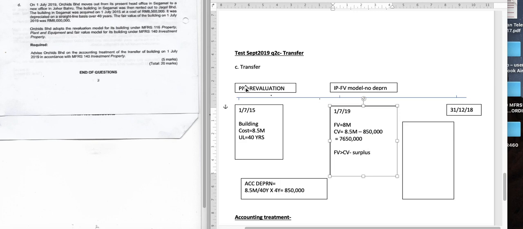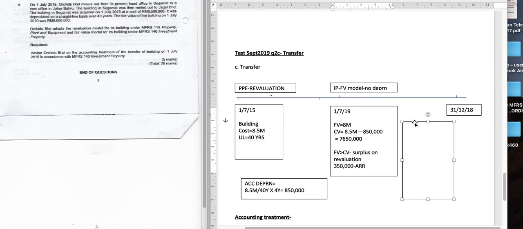Because previously it was PPE. So when you compare, it should be surplus on revaluation. Alright, so how much? 8 million minus 7.65 million? 350,000. So this one should go to ARR.